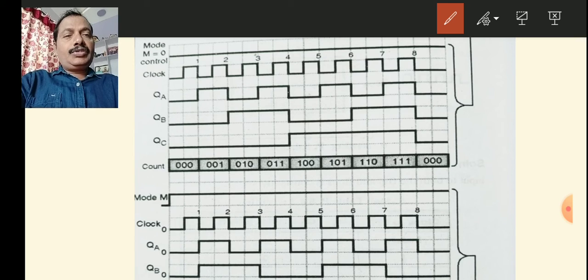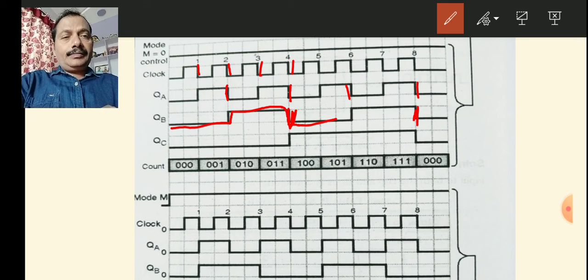QA receives the main clock as input, hence it responds to negative edges of the main clock. The second flip-flop QB responds to the negative edges of QA. Similarly, QC responds to the negative edges of QB.